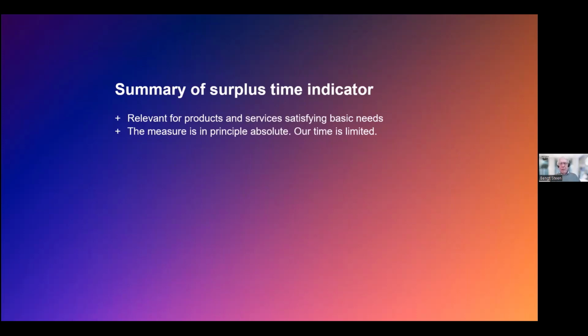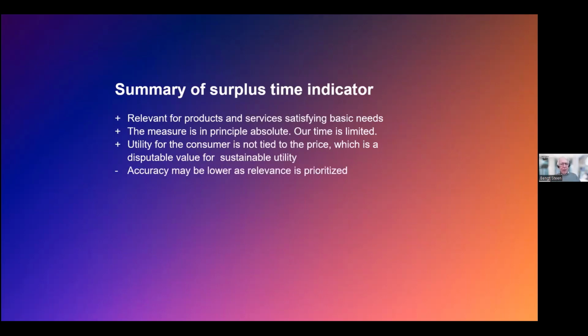It's not relative. Our time is limited. We have 24 hours per day, and the utility of the consumer is not tied to the price, which is a disputable value for sustainable utility. I mean, the price of a bomb and things like that is not really a good value for money.